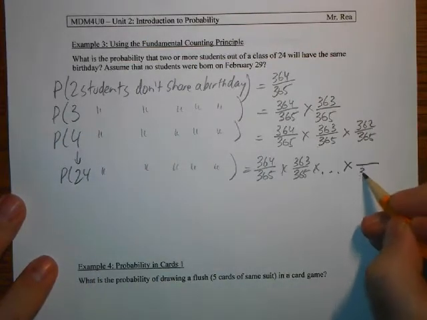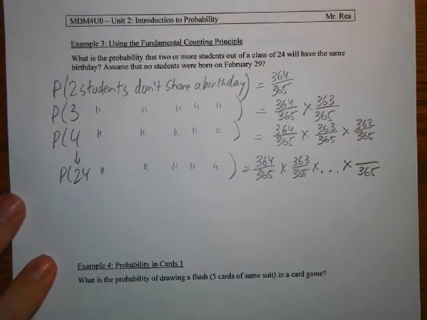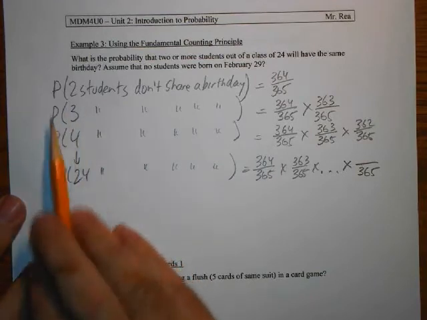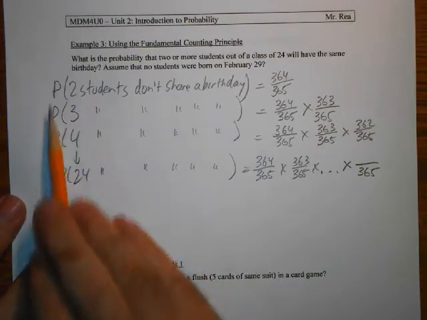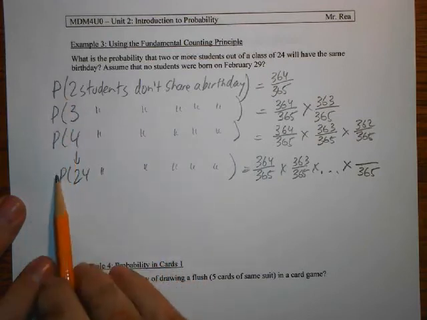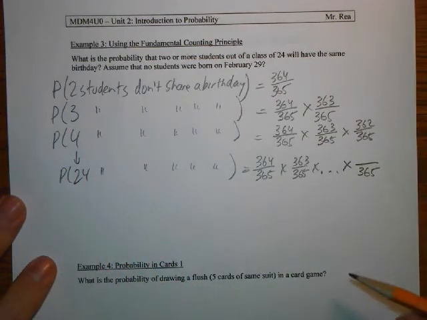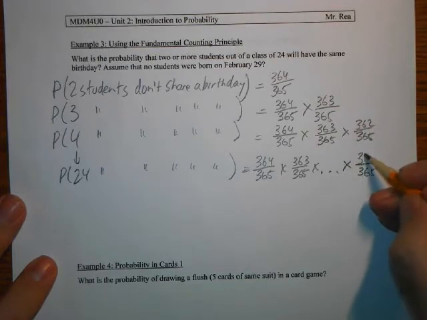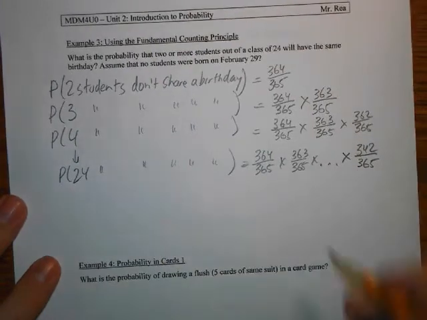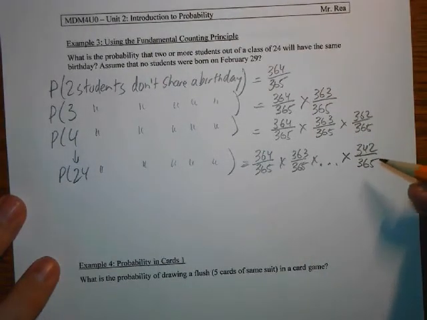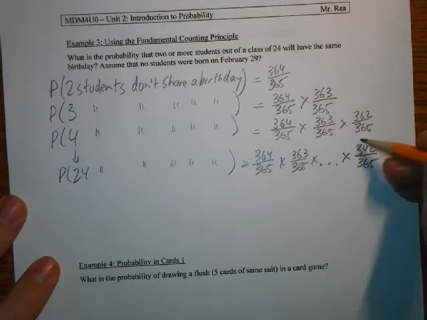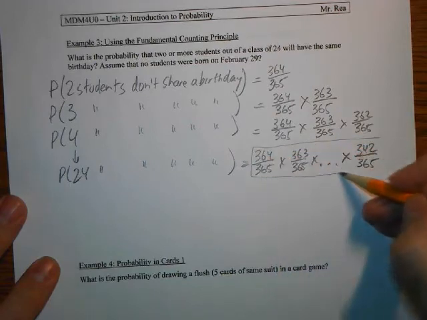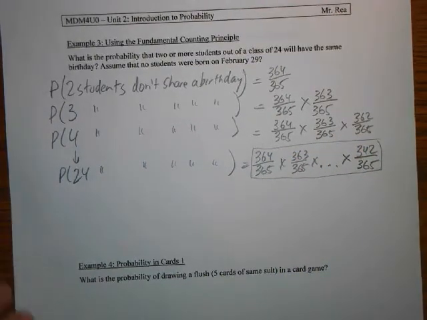You already know the bottom, 365. We can't use the birthdays of the first 23 students, so we're taking out 23 days from there. That's 365 minus 23, that's 342. So basically the probability that the 24 students don't share a birthday is this calculation. It's a pretty intimidating calculation.